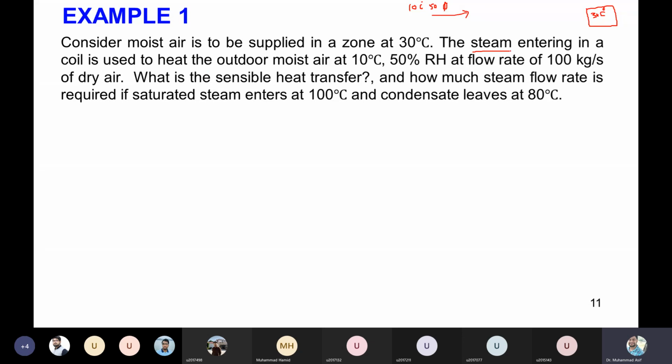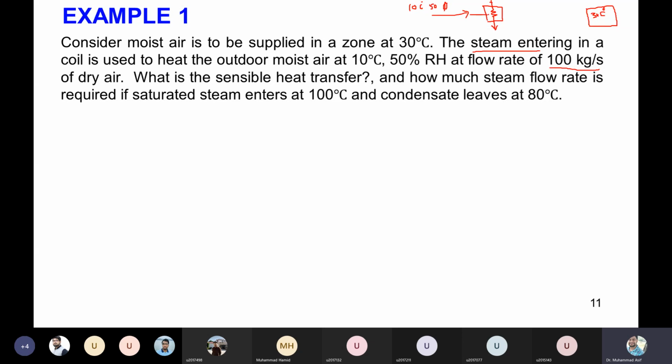It is mentioned that the flow rate of the moist air is 100 kg per second of dry air, right? So that heating process takes place by using a steam coil. Let's say this is a steam coil, and steam is entering into that.